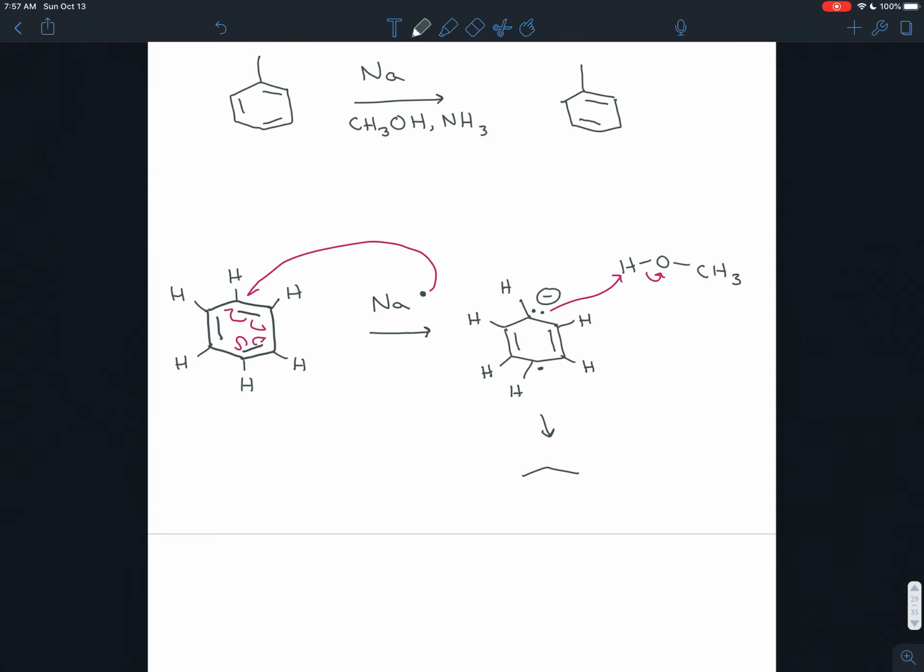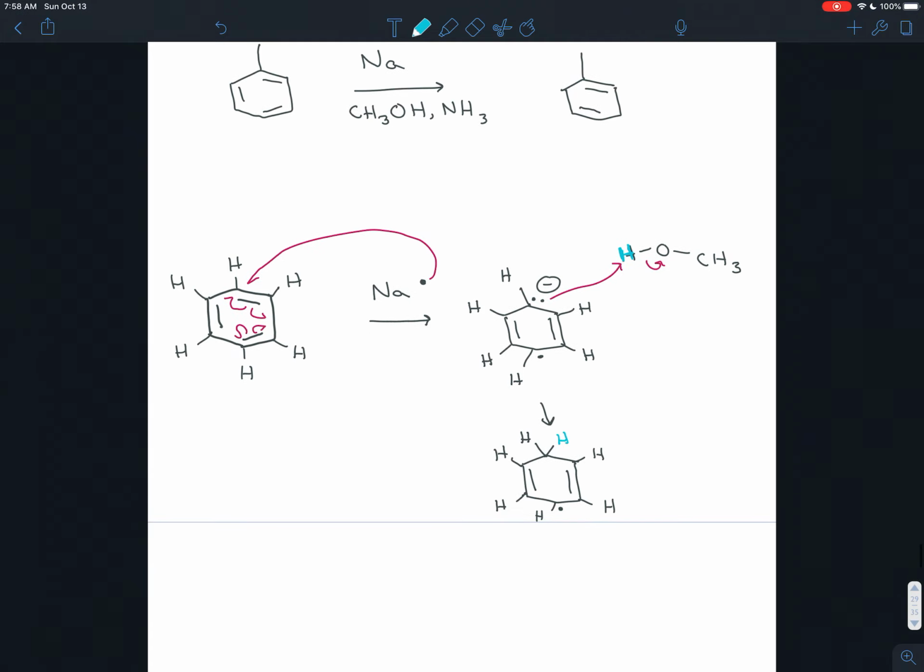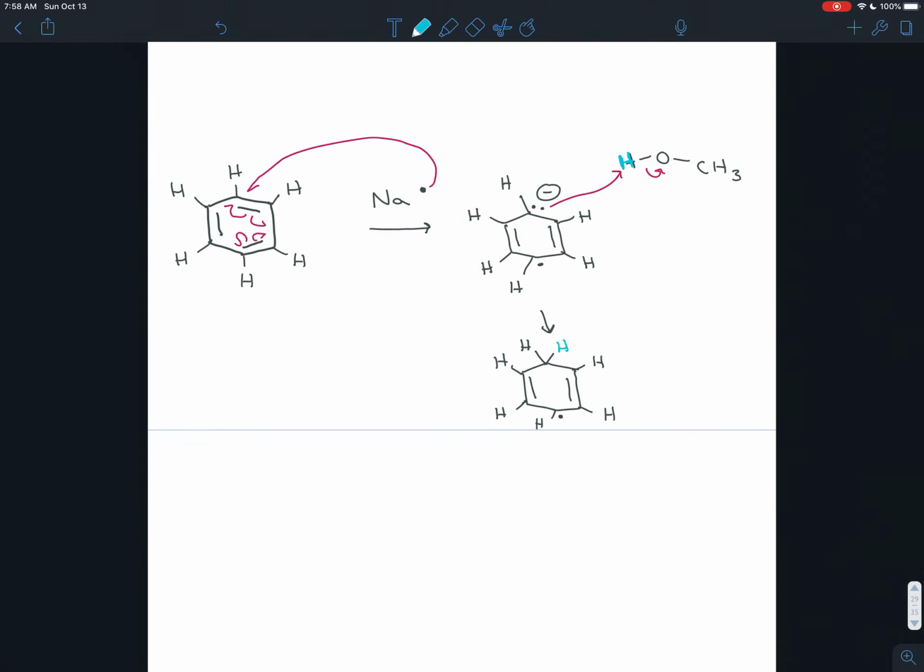So you end up getting this molecule. Notice the electrons are now in a bond, and we now have this hydrogen. So this is what's making this a reduction, more bonds to hydrogen. Here we have a new bond to hydrogen that we didn't have in our original molecule.